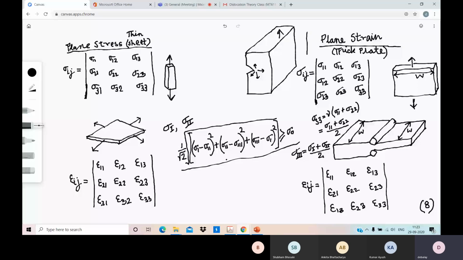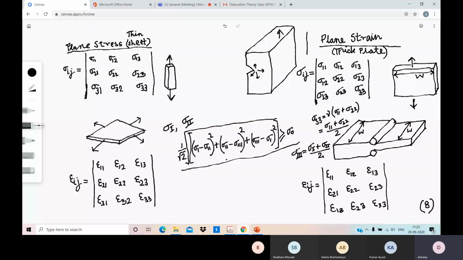But if there are positive stresses acting along direction 2 and direction 3, then the specimen will not be squeezed in that way and it will be resisted.